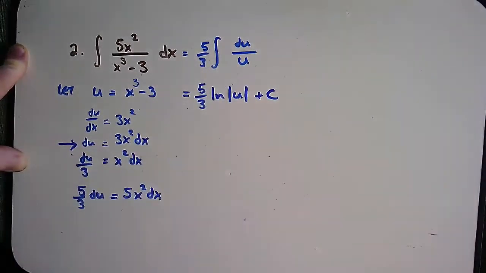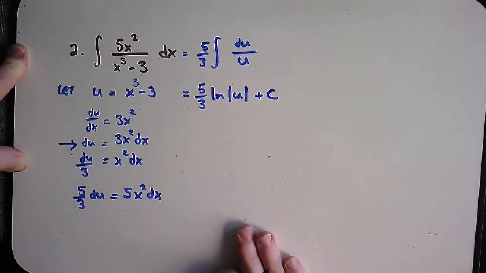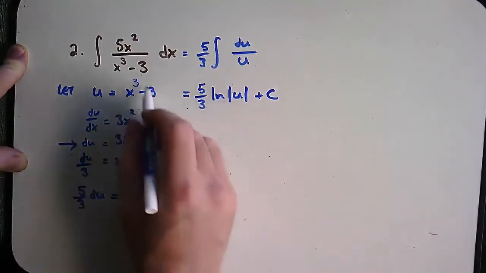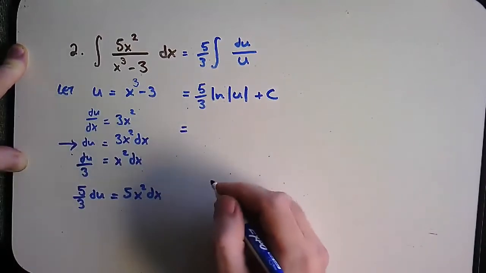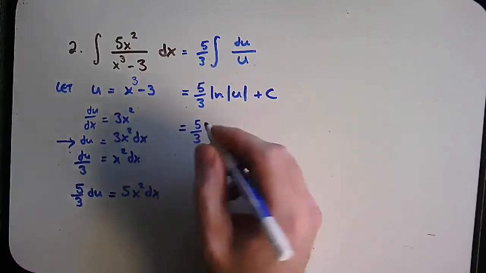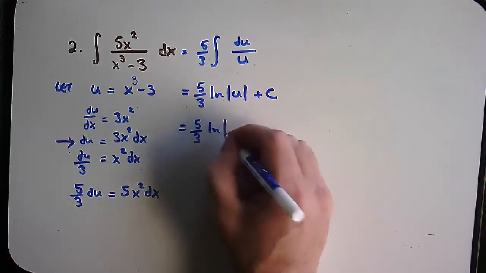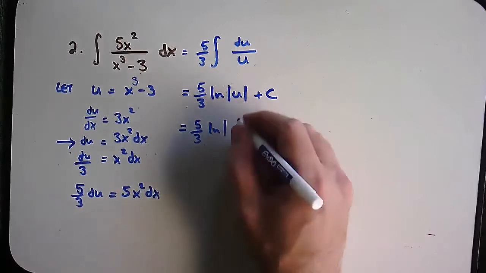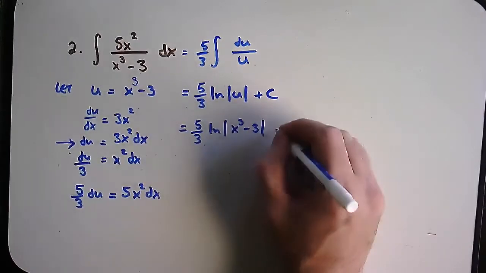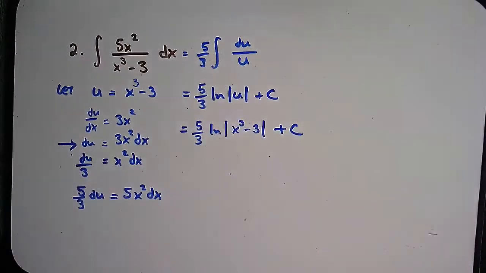Remember that plus c occurs as soon as we've taken an antiderivative. Last step then, we're going to change that u back to whatever it was in terms of x, so x cubed minus 3. And our final answer is 5/3 times the natural log, absolute value, x cubed minus 3 plus c. Okay. So, a little bit of a shorter problem.